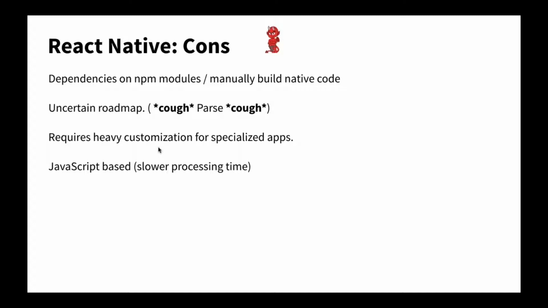Facebook can decide to do whatever it wants, and by using React, you're essentially making a bet that they'll continue with the development. There's a chance for heavy customization if your app tends to use a highly customized library, and it is JavaScript based, so there are certain limitations with processing time and syntax.